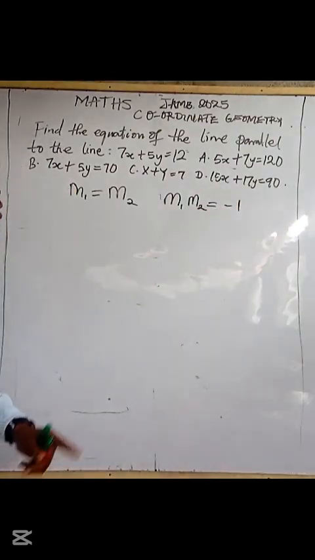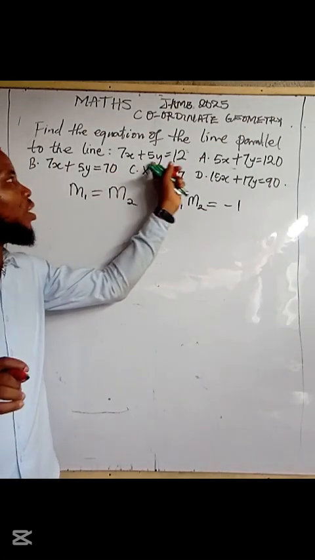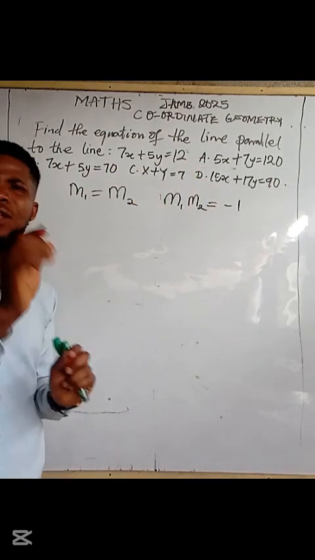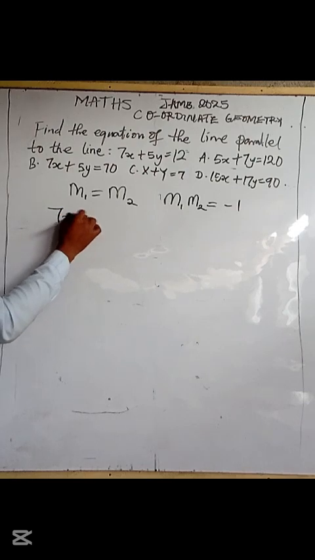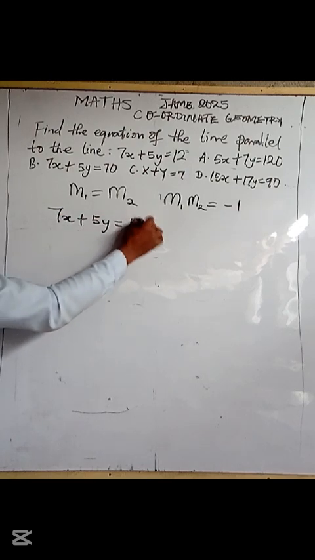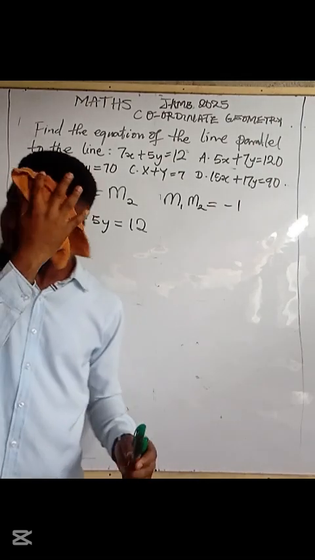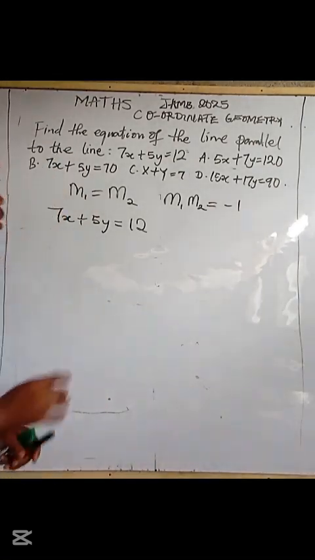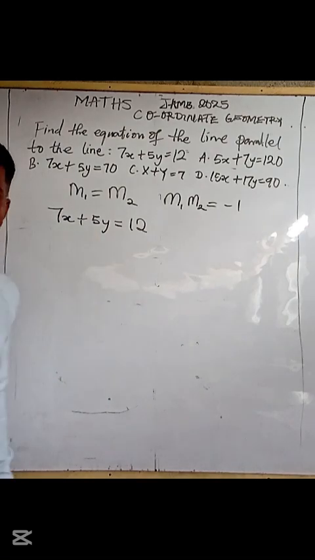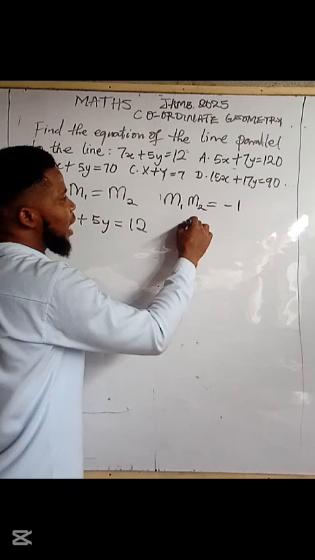So now, first of all, you need to understand how to derive the slope from an equation. How do you derive the slope from this equation? So let's write the equation 7x plus 5y equal to 12. If you go back to the video online, I told you that if you want to derive the slope for a given equation, you just have to make y subject of the formula so that it will coincide with the general equation of the line.